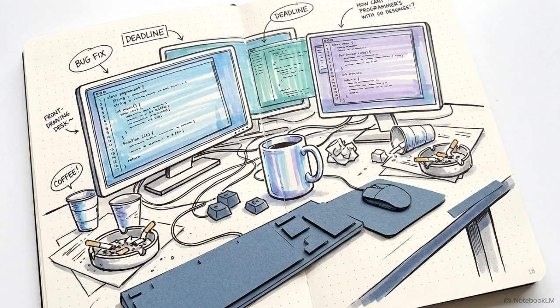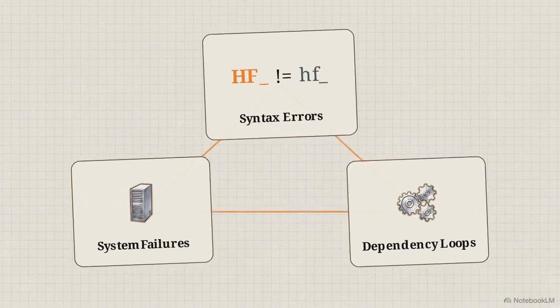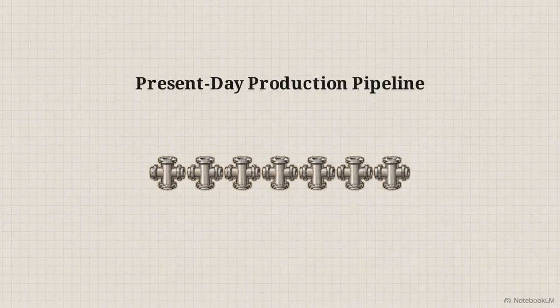And creating this pipeline was a brutal process. It was forged in a 30-hour caffeine-fueled marathon, filled with catastrophic system failures, endless dependency loops, and crippling syntax errors. To understand how this engine actually works, we are going to follow a single story idea as it travels through the present-day production pipeline.